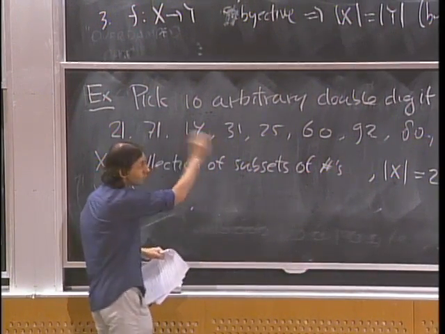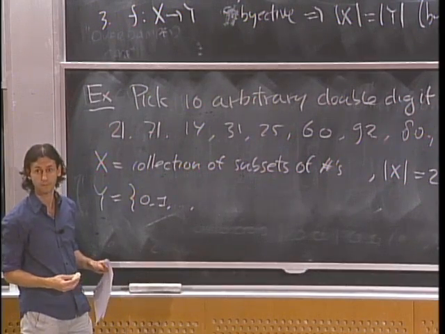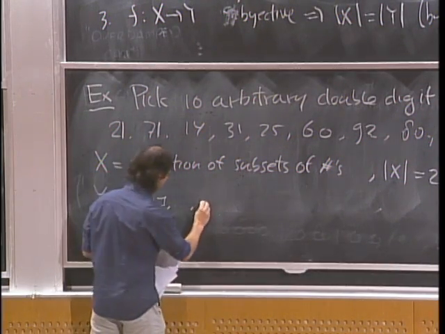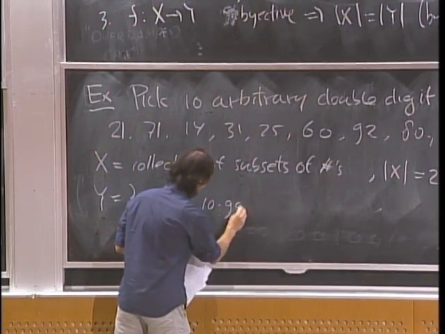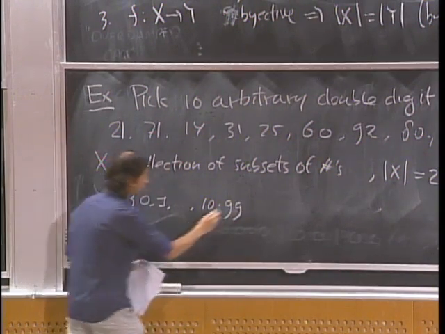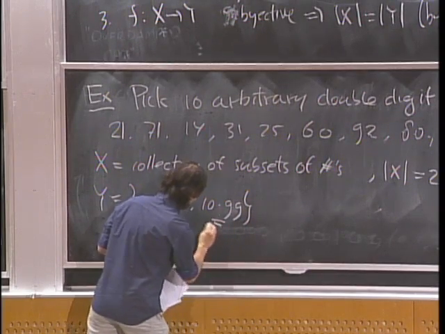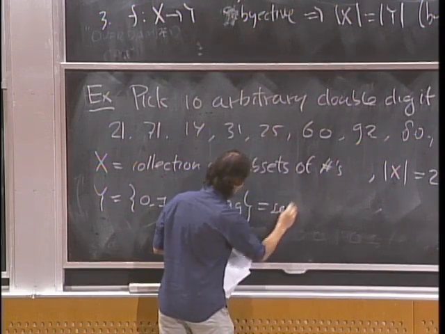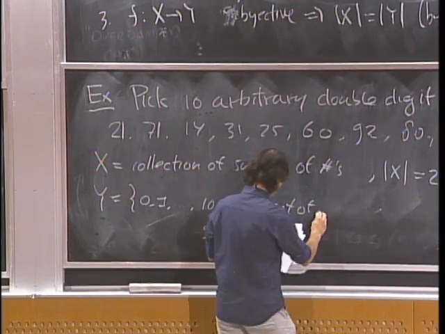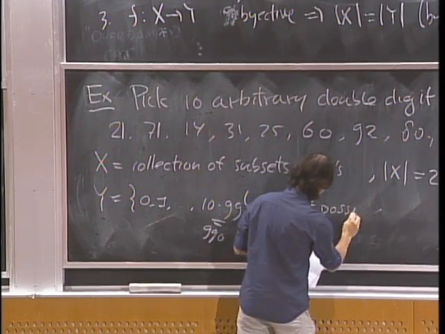I can select all the 10 elements in this set. And they are double-digit, so at most they are 99. So I know that this set is really the set of all possible sums.